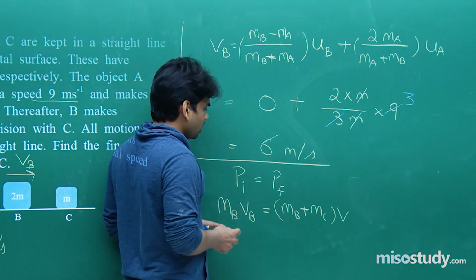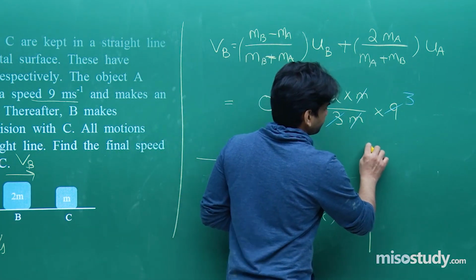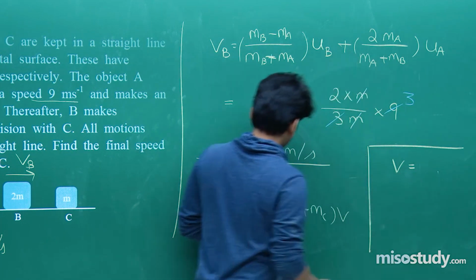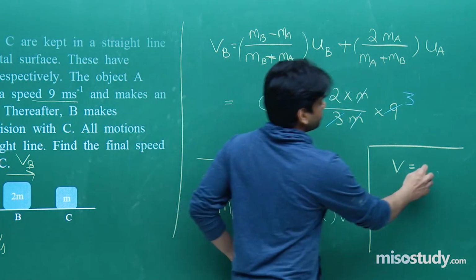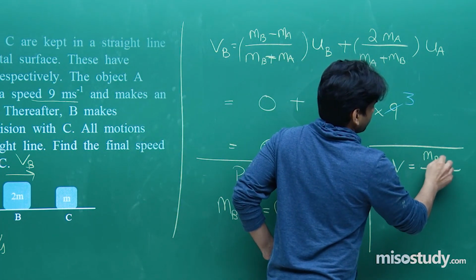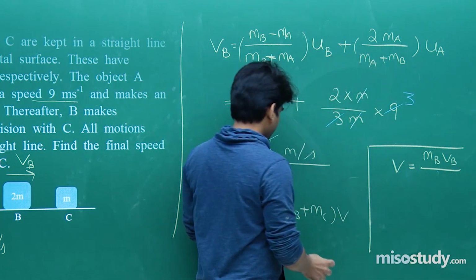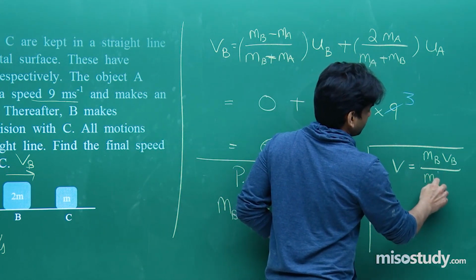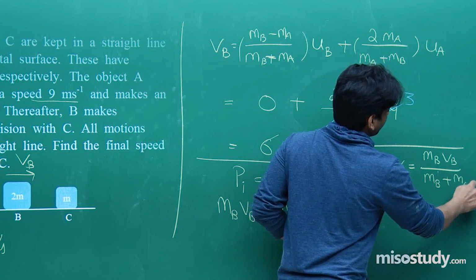So we're taking that as V. So V will come out to be mass of B into VB divided by MB plus MC.